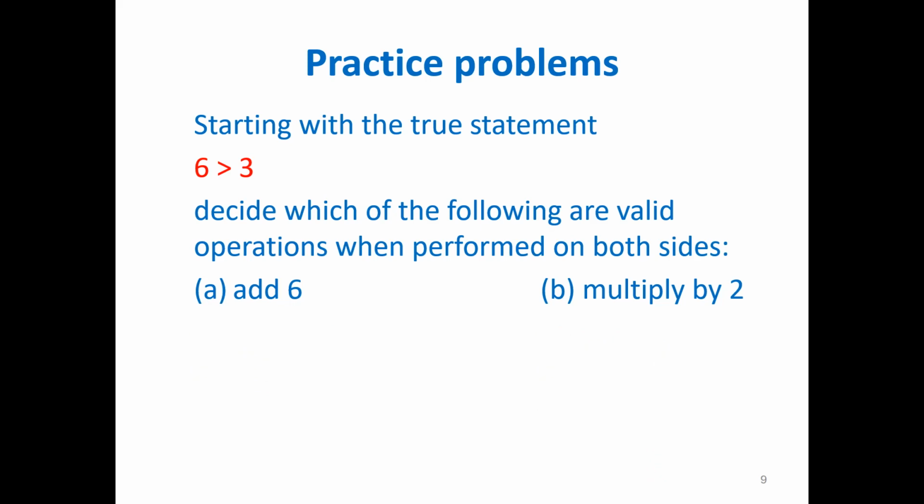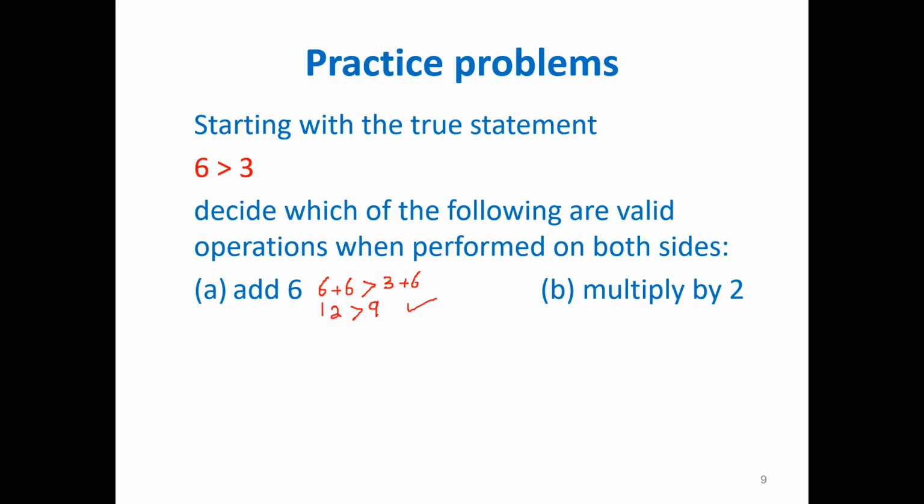So if I add 6 plus 6, and 3 plus 6, what I will get is 12 greater than 9, which is true. So adding a positive number like 6 to both sides will lead to a true statement.